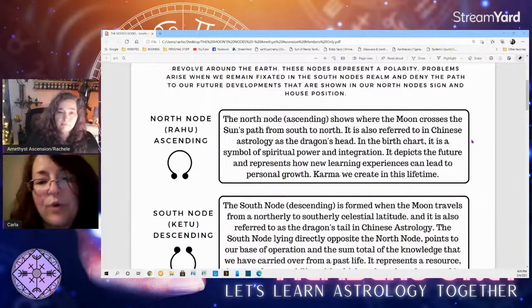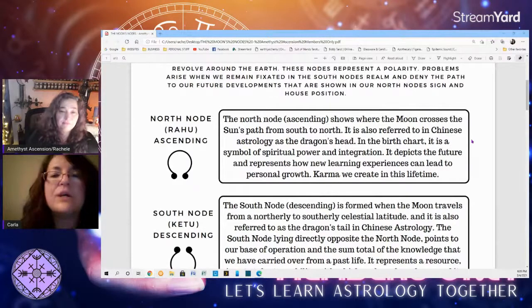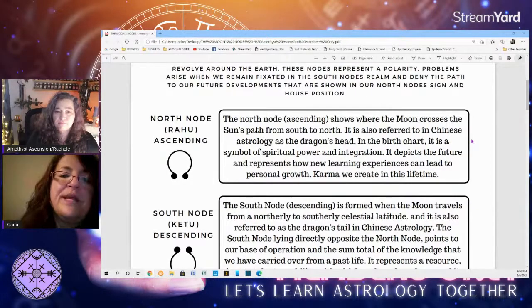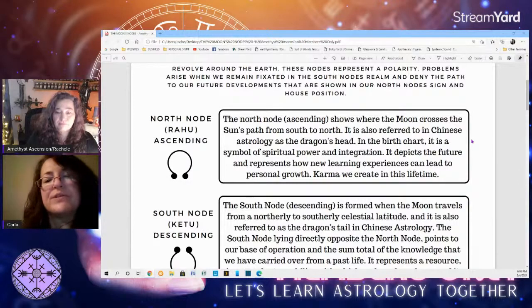So the north node ascending shows where the moon crosses the sun's path from south to north. It is also referred to in Chinese astrology as the dragon's head. In the birth chart, it is a symbol of spiritual power and integration. It depicts the future and represents how new learning experiences can lead to personal growth.